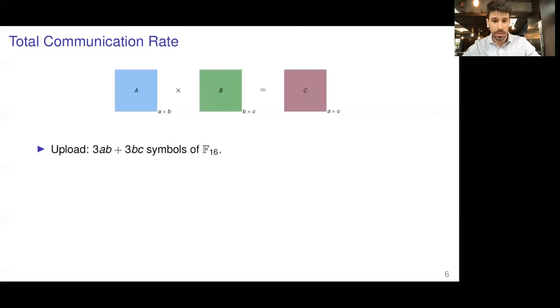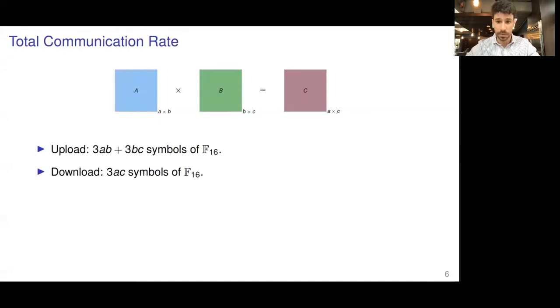For the download phase, you are going to download the evaluations of the polynomial H, which has the same size as the product AB, denoted here by matrix C. The download cost will be 3 times AC in terms of symbols of F16, the extended field.